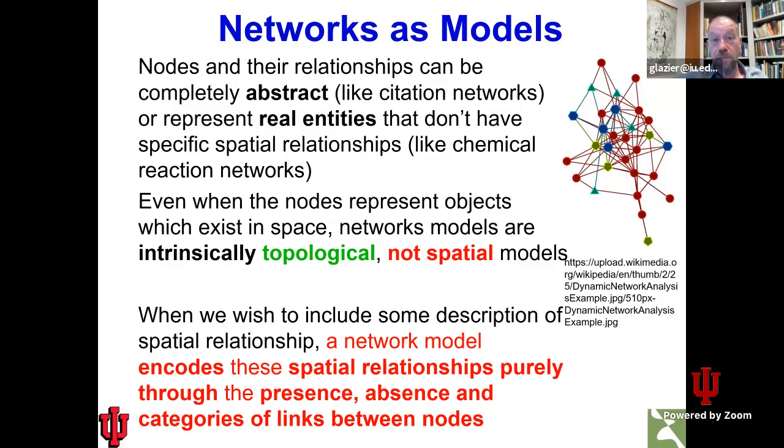Sometimes those objects have spatial relationships. The transistors in your computer have physical location and therefore a physical spatial relationship. Other times they don't. Chemicals in a chemical reaction network don't have physical relationship to each other. One of the things that you have to remember when you're dealing with a network model is that it's not intrinsically a spatial model. You lose spatial information when you build a network model. And that may or may not be important.